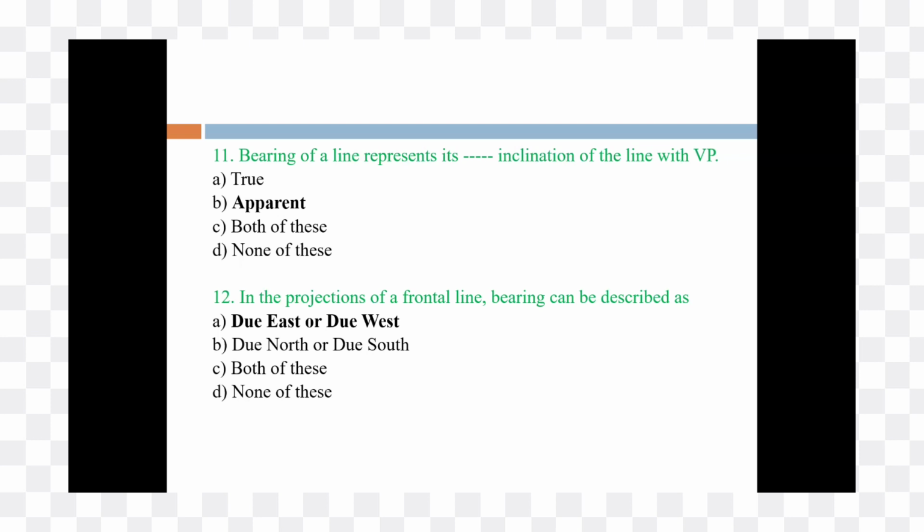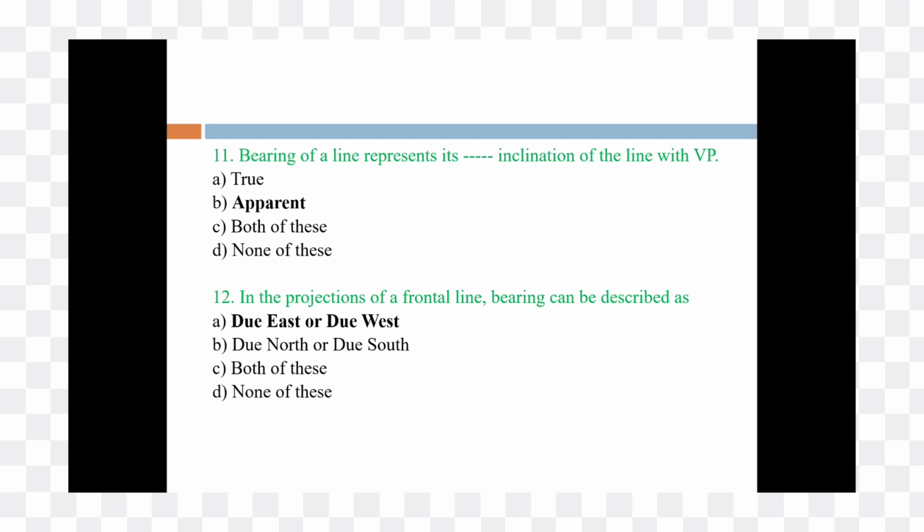In short, the front view of the frontal line gives the true length, and the top view will be a line parallel to x1. So the front view will be the inclined line giving the true length, and in the top view you will get an apparent length of the frontal line, and definitely that will be parallel to x1.